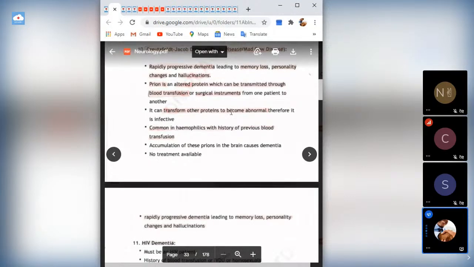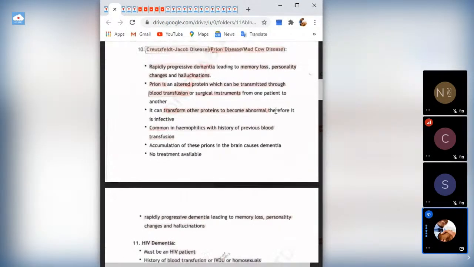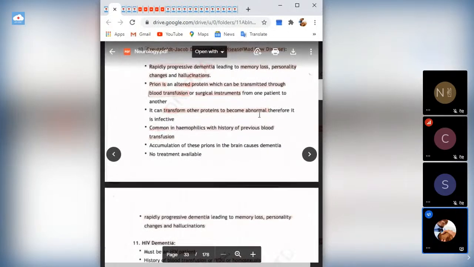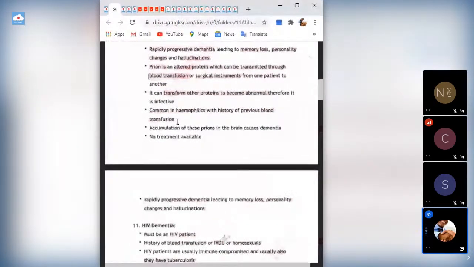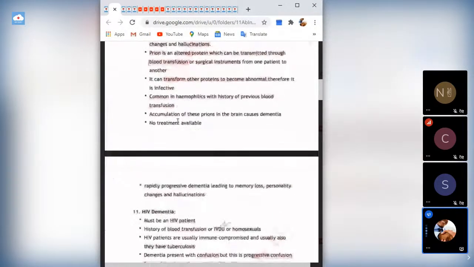Okay? And it can transform other proteins to become abnormal. Therefore, it is infective. So prion is actually an altered protein. When it gets within the cell, okay? So it's common in hemophiliacs with history of previous blood transfusion, right? Multiple blood transfusion, in fact, because that's the risk for it. And accumulation of these prions in the brain causes dementia.